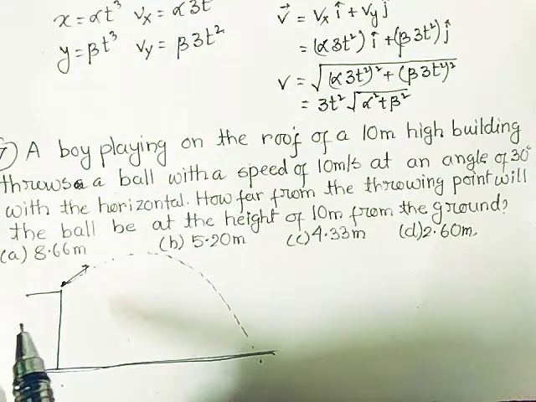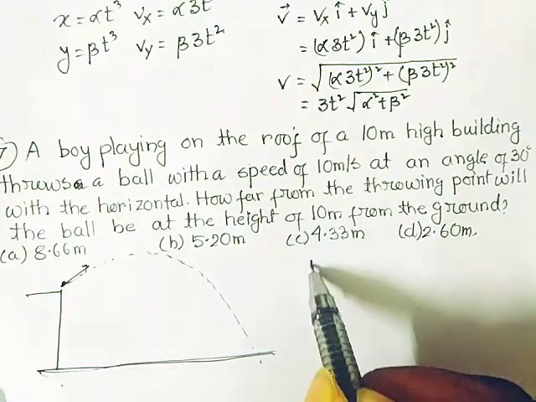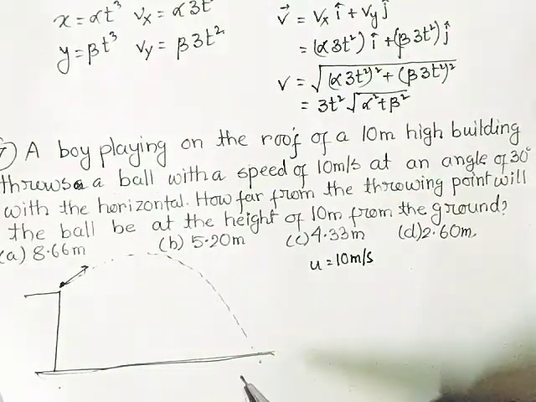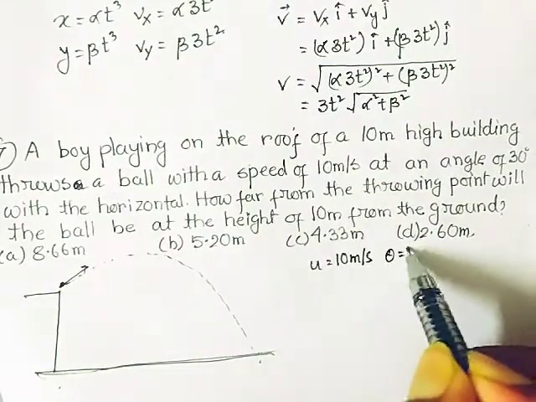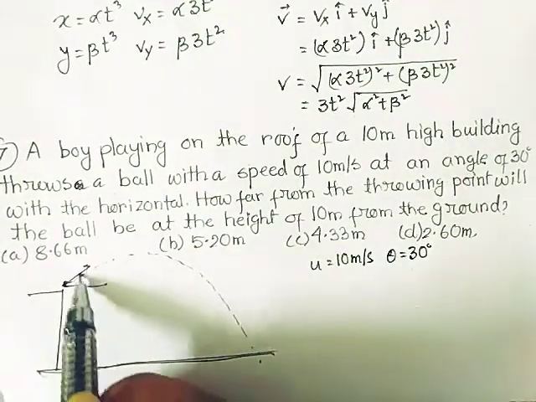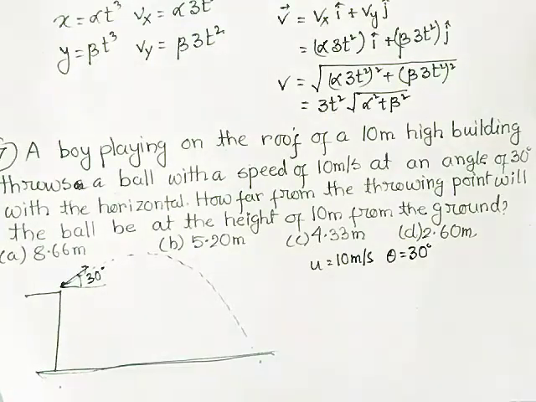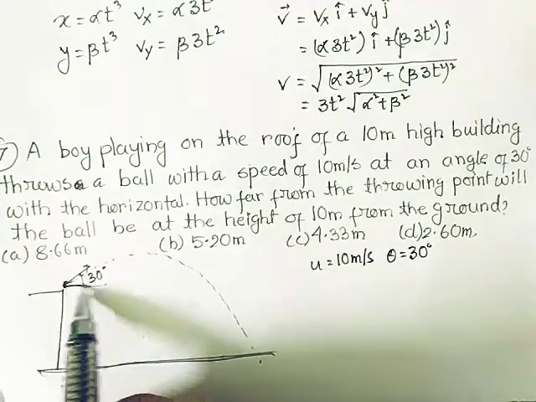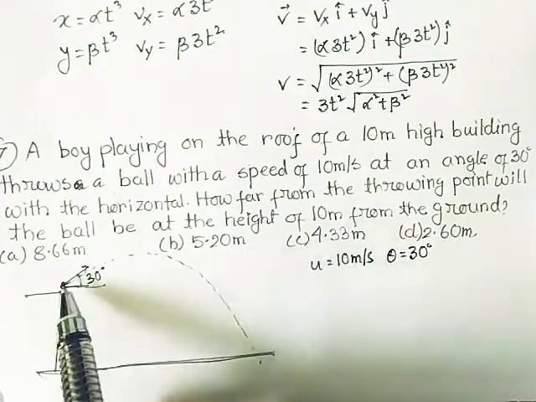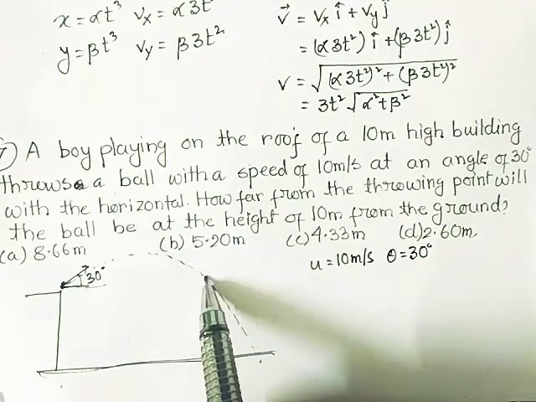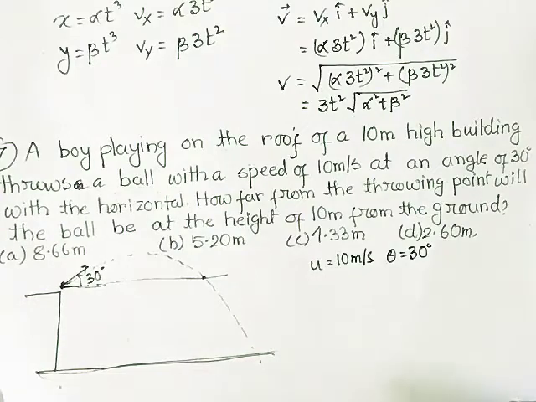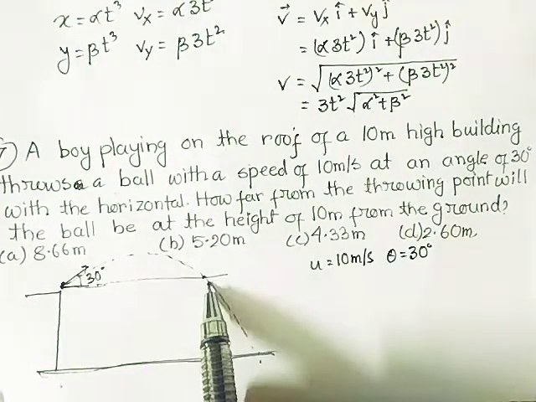The initial velocity of the ball is 10 meter per second, and it is thrown at an angle theta equal to 30 degrees. The question is when it again comes to the height of 10 meters. It is thrown from here, and again it comes somewhere here. We have to find out the time after which it again comes to this level.